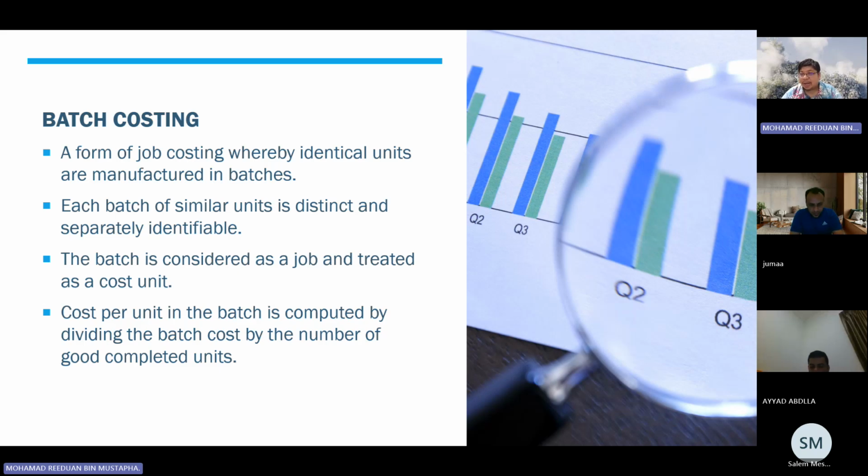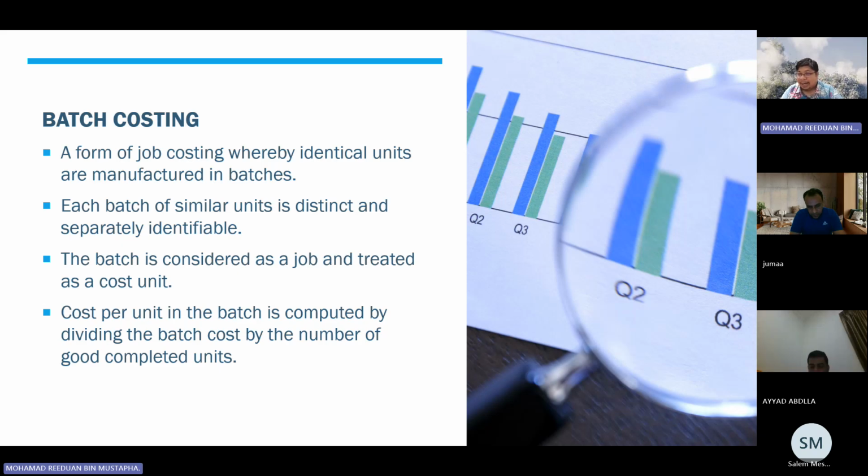To produce one car, one unit, is very expensive because you need to run it simultaneously, but you can do it in batches, where one time you can produce maybe 10 cars using the same electricity, capacity and manpower that you already have. So sometimes the job batch can become a minimum for your organization.